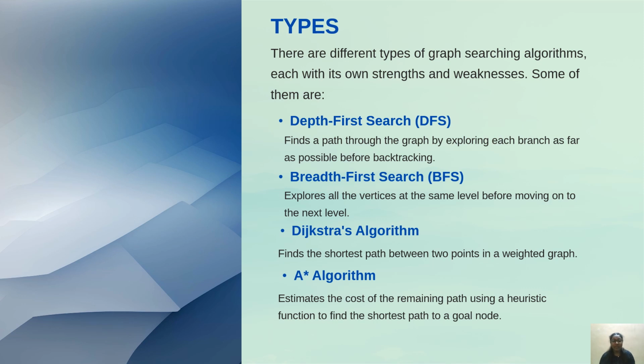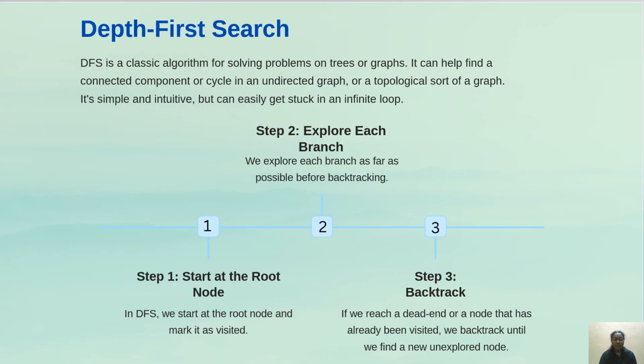Dijkstra's algorithm, which finds the shortest path between 2 points in a weighted graph. A-star algorithm, which estimates the cost of the remaining path using a function to find the shortest path to a goal node.